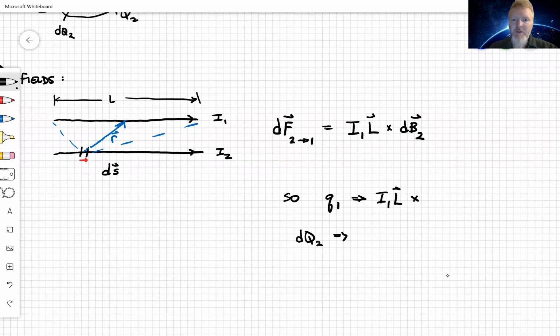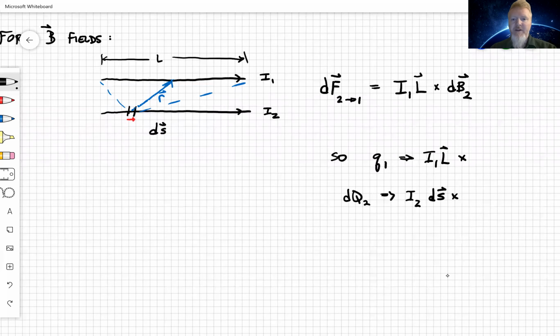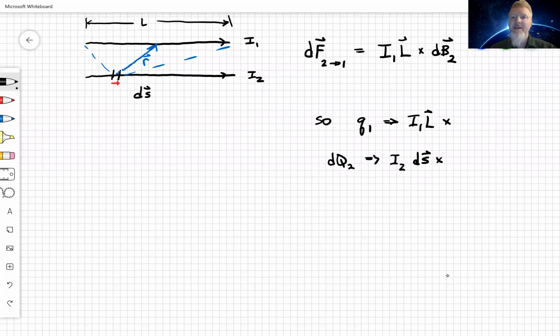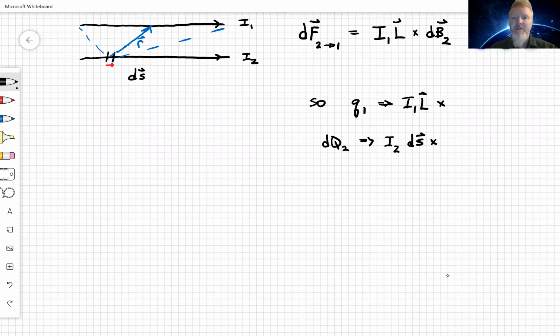So dQ2 then would be, I'd have to change the subscript because now I'm talking about 2, which is the source of the field. And I'd say I ds crossed with something. All right. So if I take how we calculated the electric field, all right, from Coulomb's rule, now we're going to go one step further.